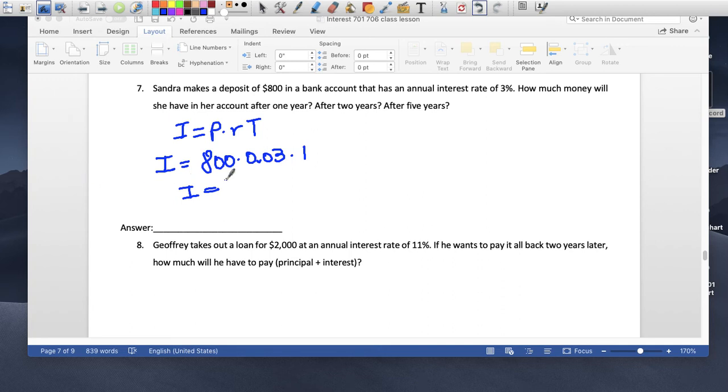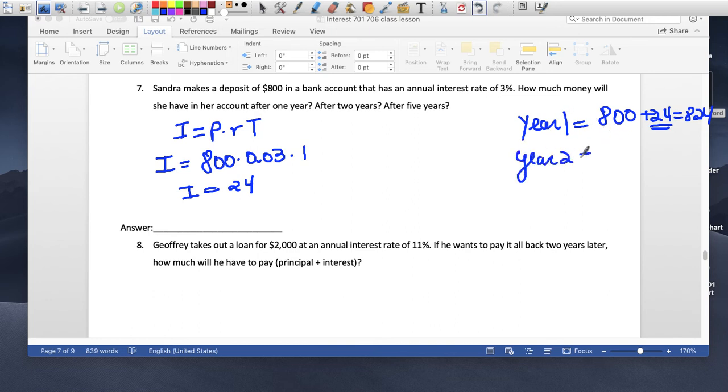You would earn $24. So in year 1, the bank would give you the 800 that you put in plus 24. So you would have $824. You wouldn't make $824, you would make $24, because the initial 800 was already yours.